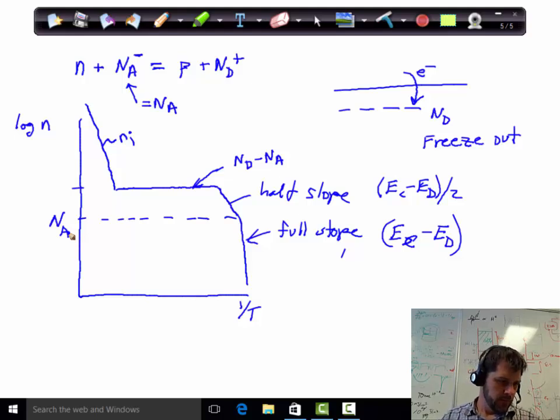Okay, so in general, all problems having to do with carrier statistics can be approached from writing this charge balance equation and then substituting in the appropriate expressions.